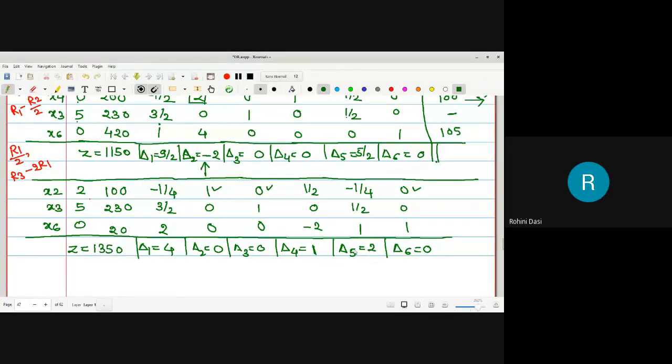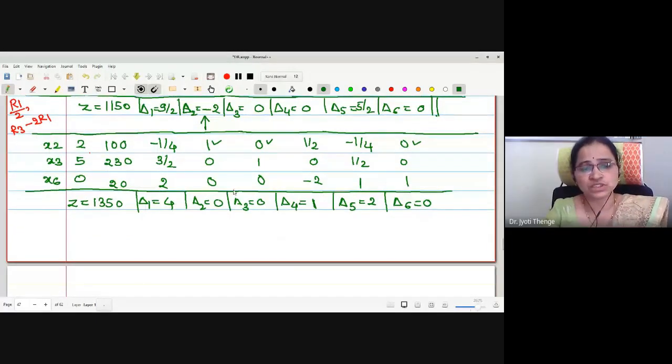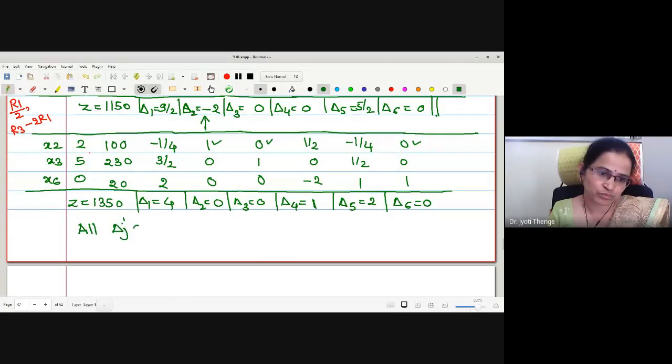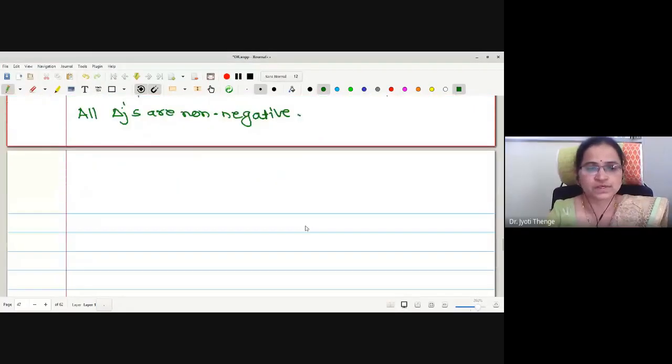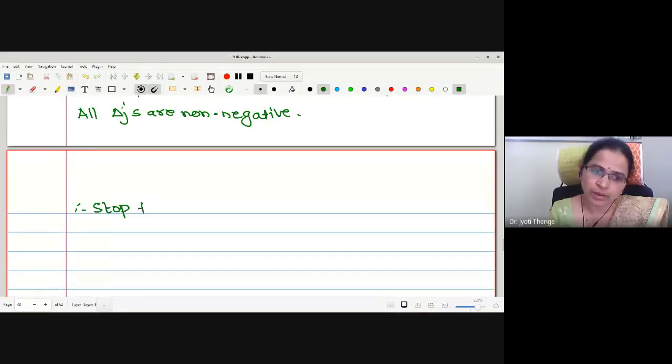Now check that all the values here are non-negative. Therefore, if all the values are non-negative, we have to stop the process.